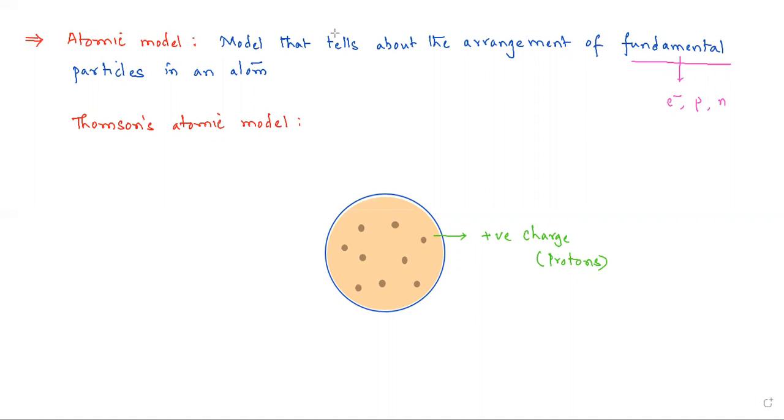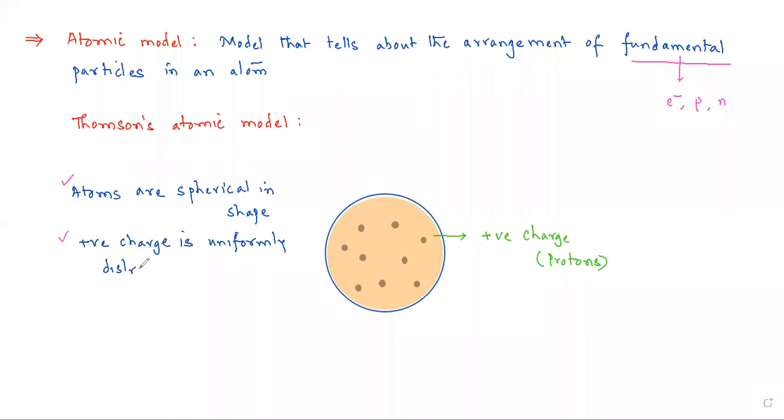Okay. So simple three things. Let me just tell you that the atoms are spherical in shape. Point number one. Then the second point is positive charge is thoroughly distributed, or say is uniformly distributed throughout the atom.